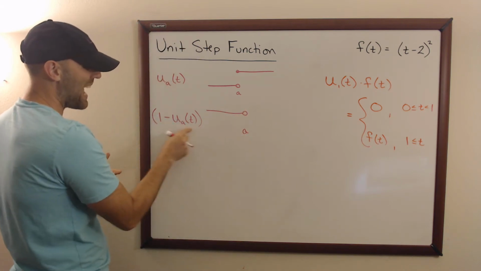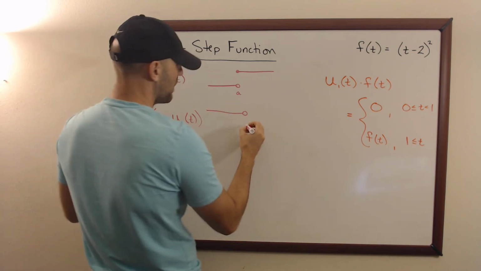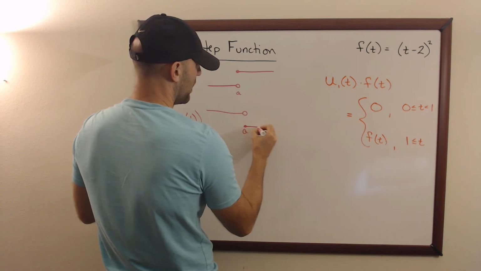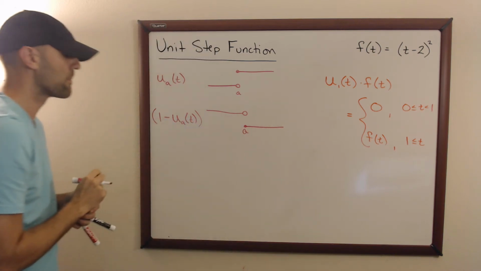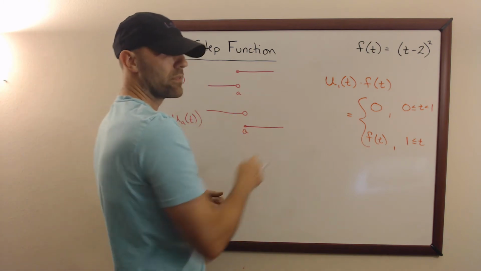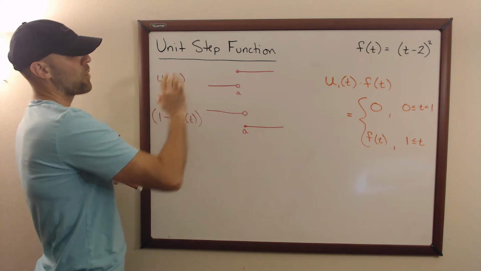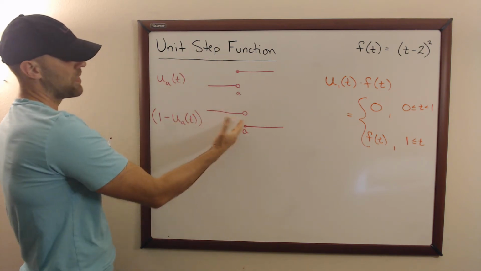Well, once I get to a, this value is now 1. So it's 1 minus 1, which gives me 0. So this function is on and then off. So basically this gives me the right section of a function, this gives me the left section of a function.